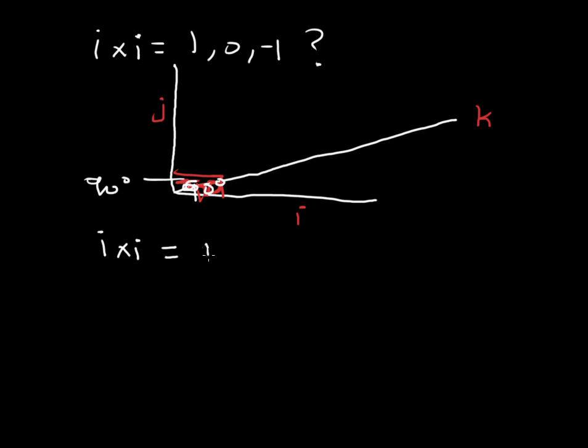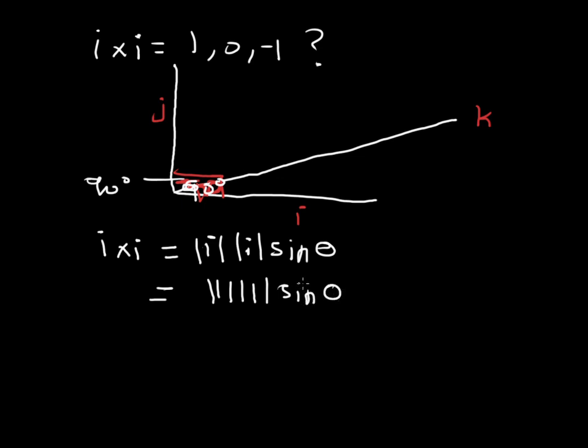So I cross I is equal to the magnitude of I multiplying the magnitude of I times the sine of the angle between them, right? Now remember, I, J, and K are unit vectors. That is, they each have a magnitude of 1. And since they are in the same direction, the angle between them is 0.